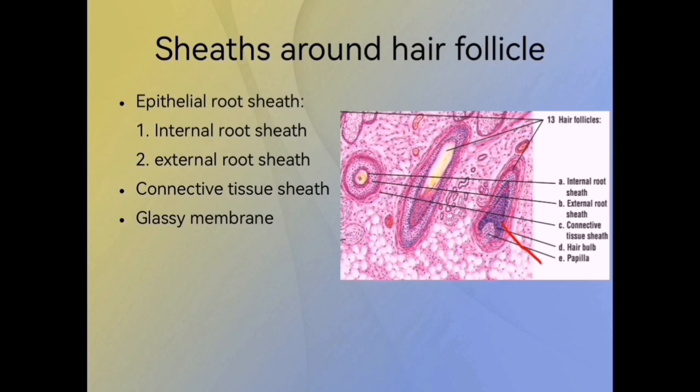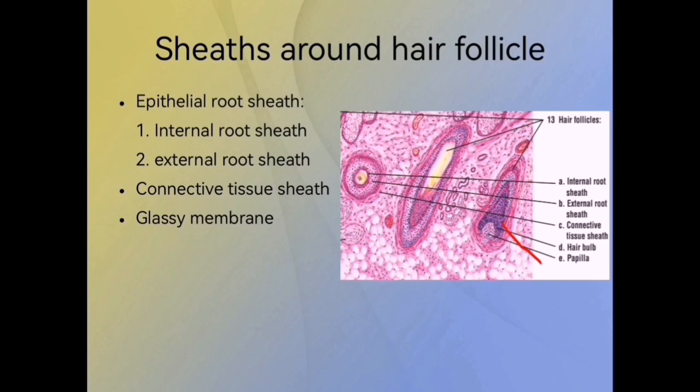The internal root sheath runs from the hair bulb up to the point of attachment of the sebaceous gland. We do not find an internal root sheath above the level of attachment of the sebaceous gland.